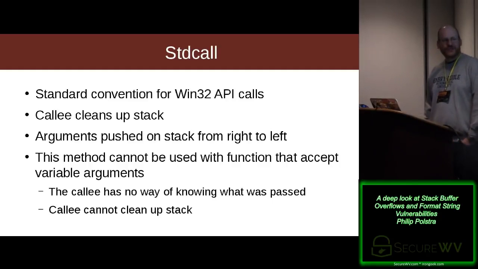You can't use it, though, with things like printf, because the callee has no way of knowing what you pushed on the stack. It's a variable number of arguments. How would I know what you put on there and how big things are? And if you've done any C programming, you give me a pointer. Do I need to free the space that this pointer points at? I don't know what to do. So I'm not going to do anything.